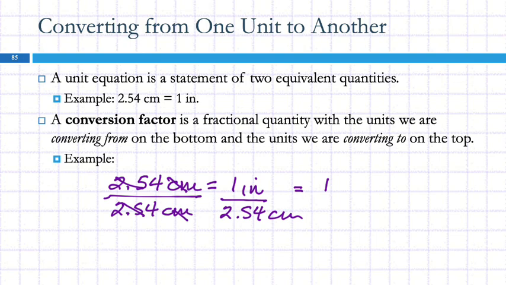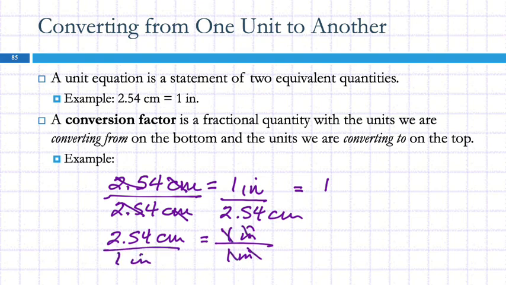If I take 5 and multiply by 1, what is it? It's still 5. This doesn't look like 1, but it is. It's equal to 1. We can also do it the other way. Divide both sides by 1 inch.